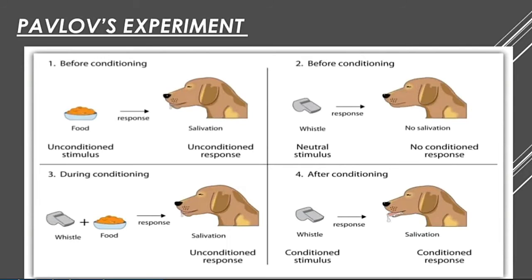In number 3, during conditioning, there is food smelled by the dog, and when the whistle is blown, the food will be smelled by the dog. So the dog began to salivate.